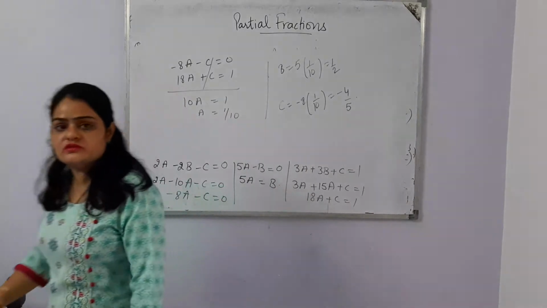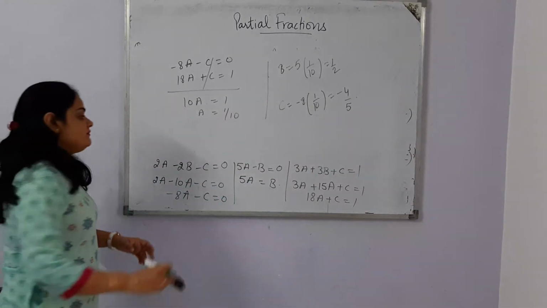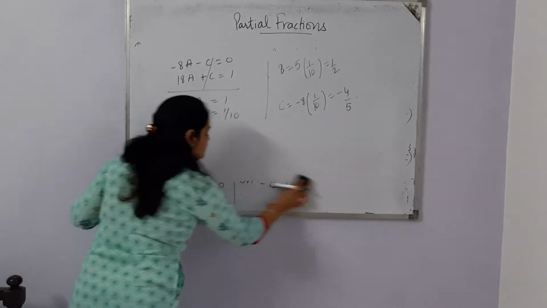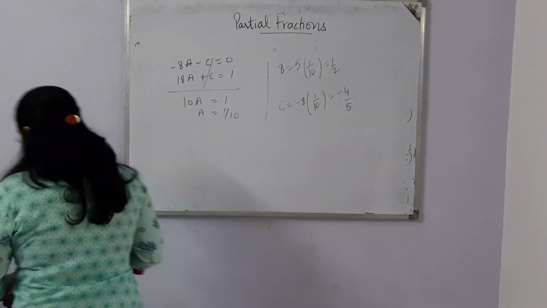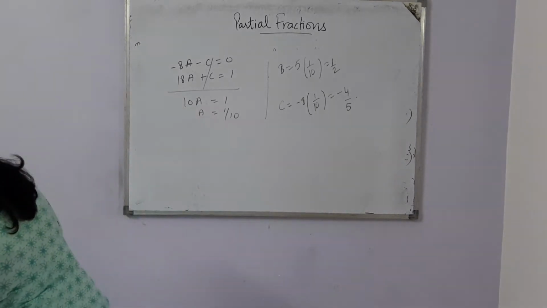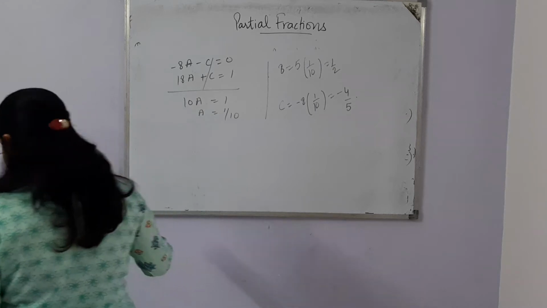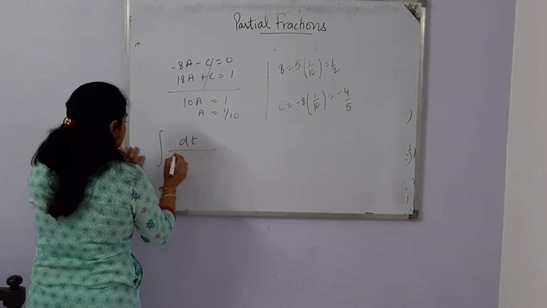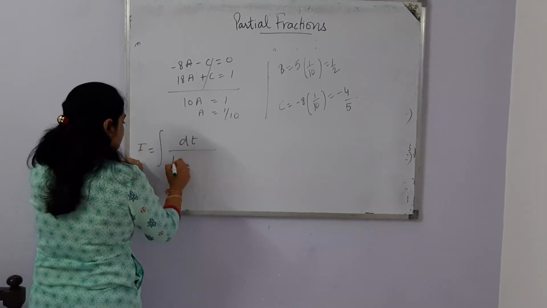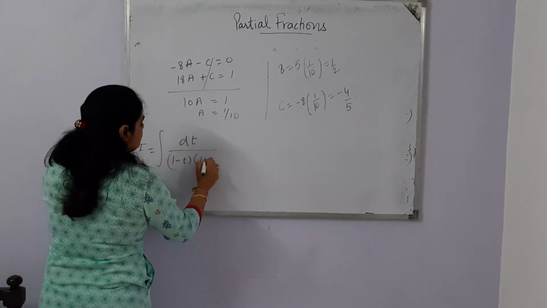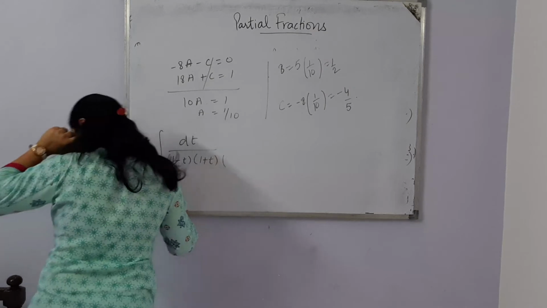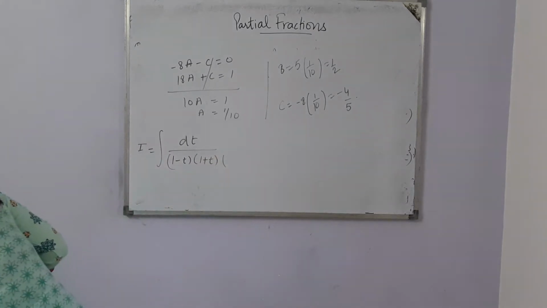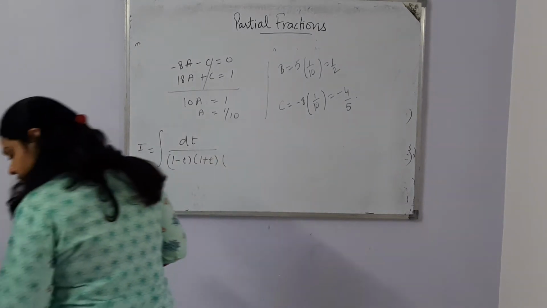Now we can substitute in the function, and after applying the integration formula, we can get the answer. The question was the integral of dt upon (1 minus t)(1 plus t)(3 plus 2t).